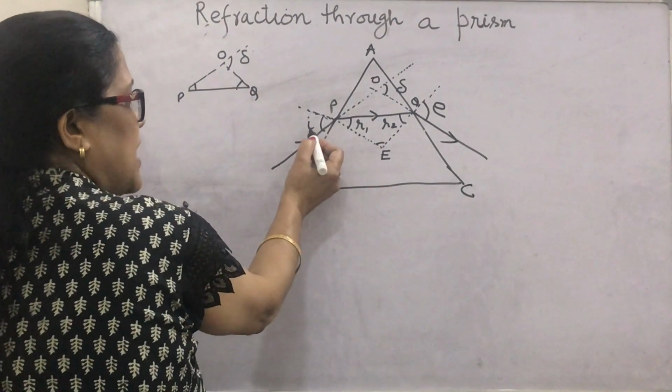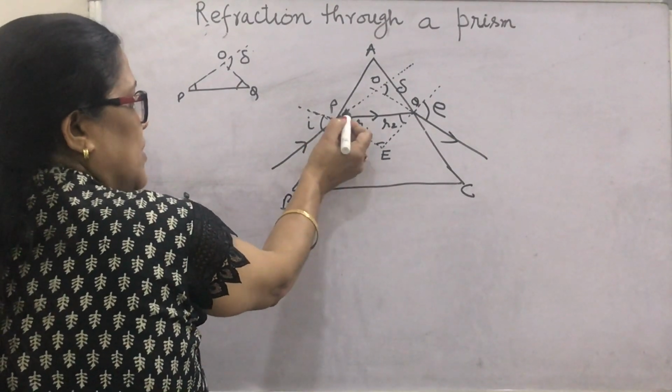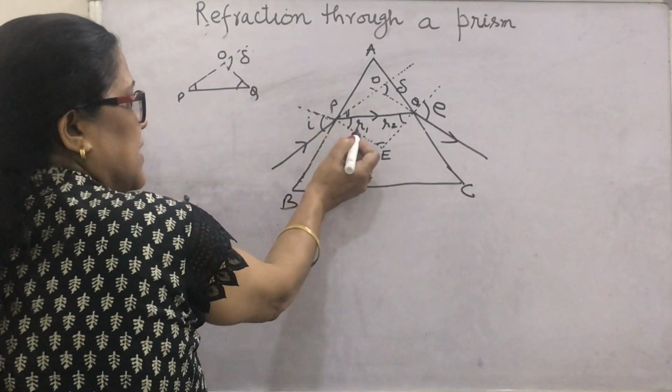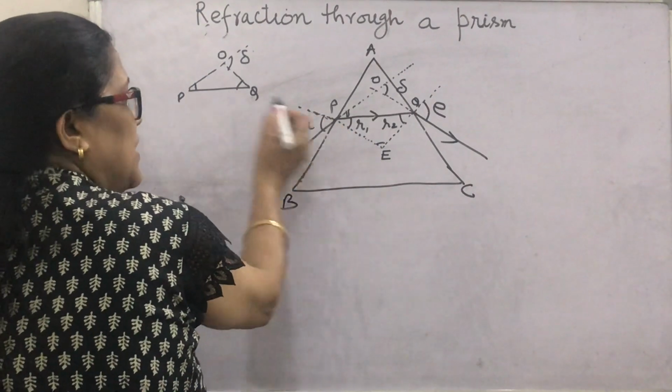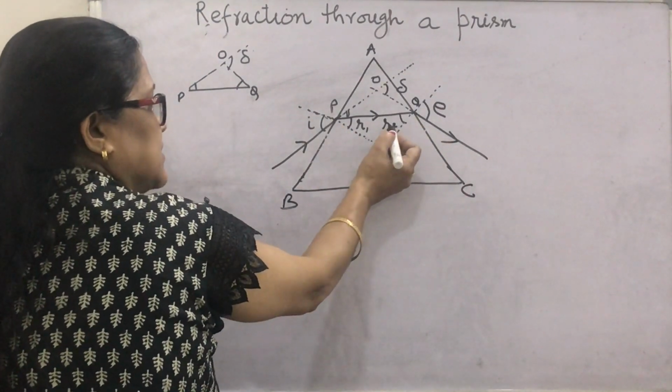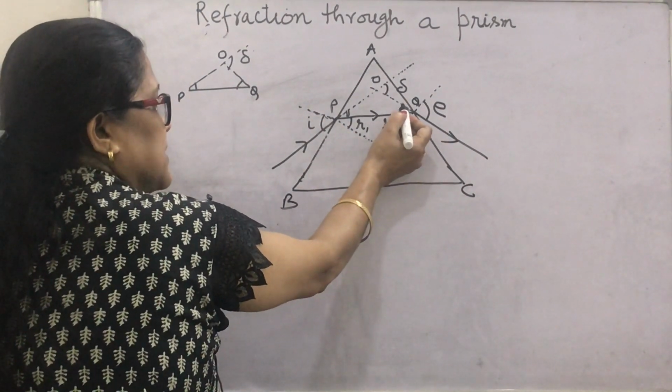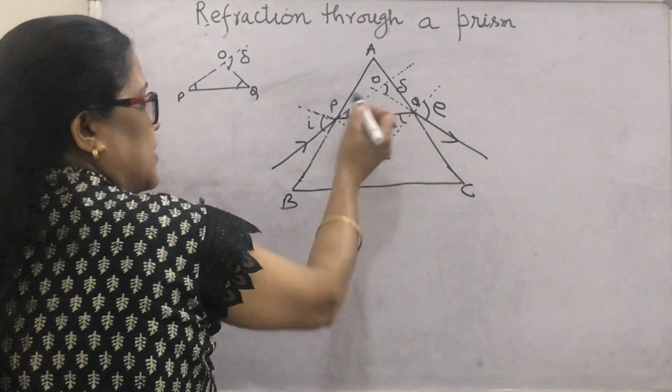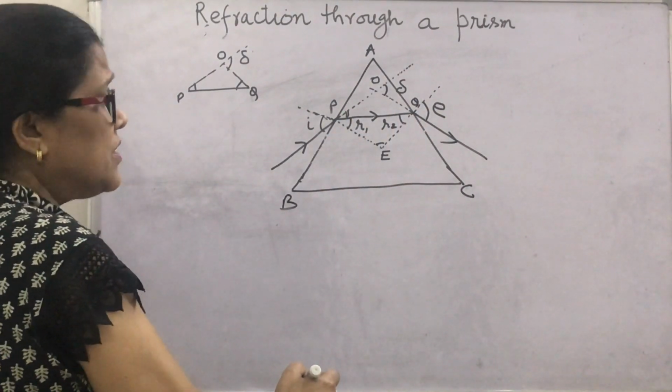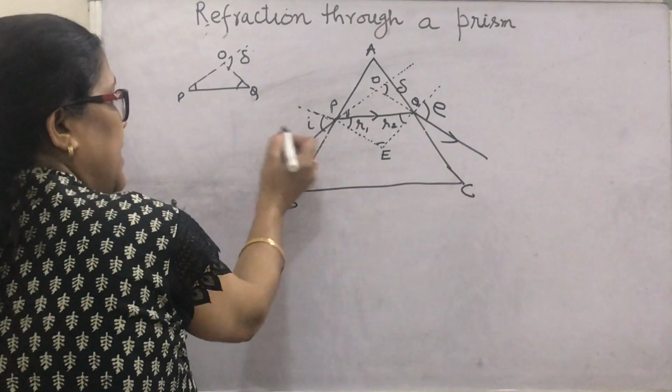Look here, this is I, this is R1, this will be I minus R1. Similarly, this is E, this is R2. What will be this angle? E minus R2. Will it be or not? Then what can you write?